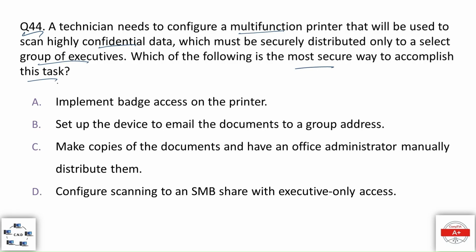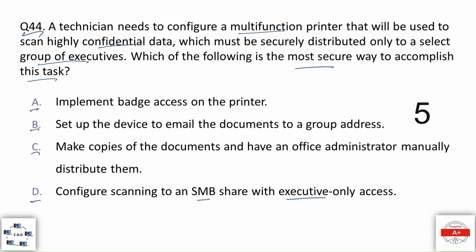The options are: option A, implement badge access on the printer. Option B, set up the device to email the documents to a group address. Option C, make copies of the documents and have an office administrator manually distribute them. And option D, configure scanning to an SMB share with executive only access.